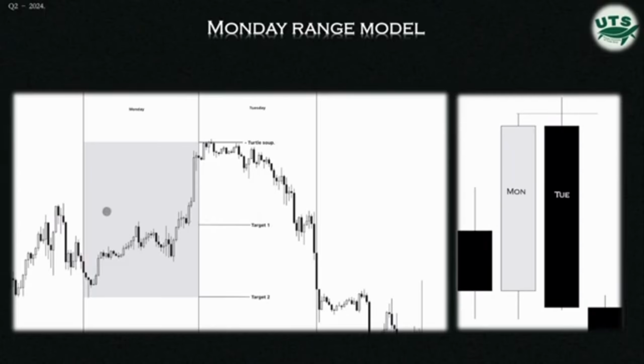So you got Monday, range, turtle soup, target 150%, and you'll usually see this consolidation, right? The infamous consolidation in the equilibrium. Now, here's a side quest.